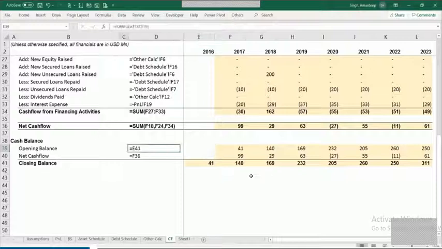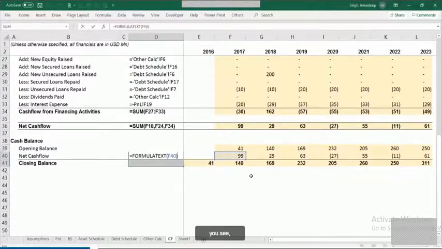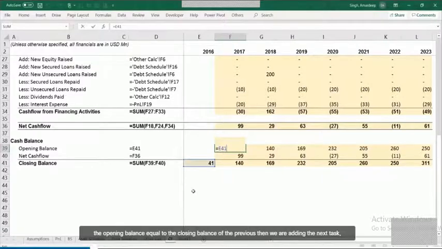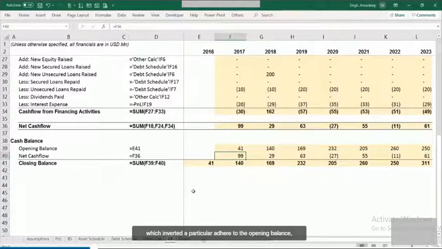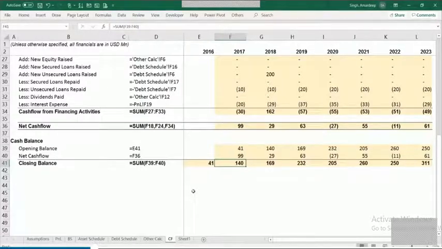What I've done, you see, we took the opening balance equal to the closing balance of the previous year. Then we are adding the net cash flow generated during a particular year to the opening balance, which gives us the closing balance at the end of each year. So this is what we've got.